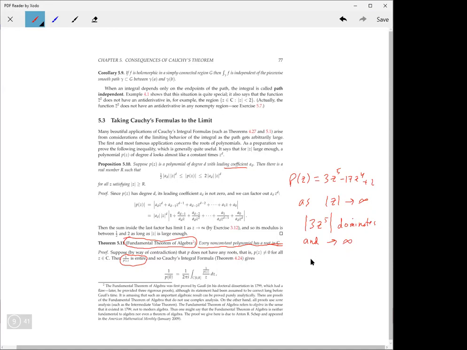And so 1 over P(z) gets dominated by the leading term, and that's going to go to 0 as z goes to infinity. It's a little bit tedious to show that, but I think you get the idea.